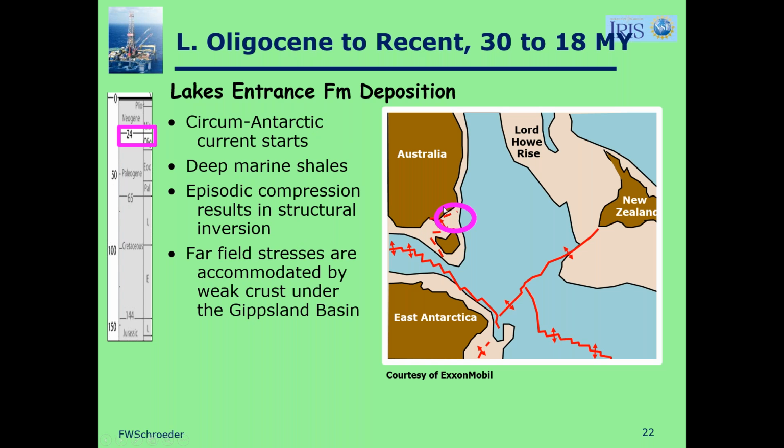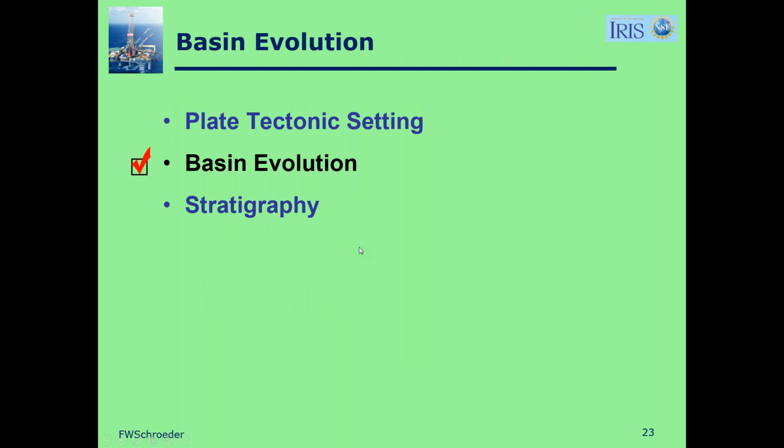There is some readjustment of the microplates because of some far-field stresses, and we do get some of the extensional faults having reverse motion on them, and so some normal faults become reverse faults in the Pliocene-Pleistocene.